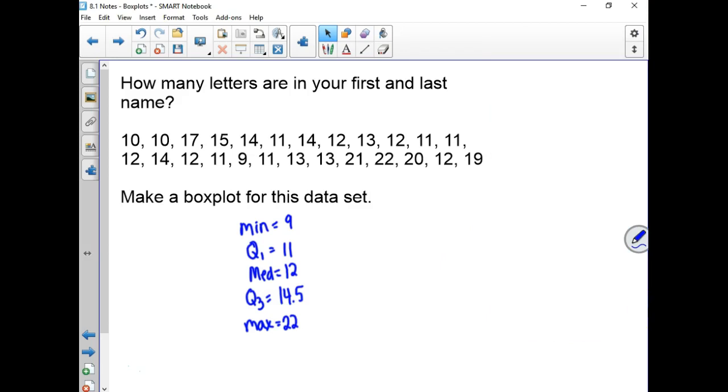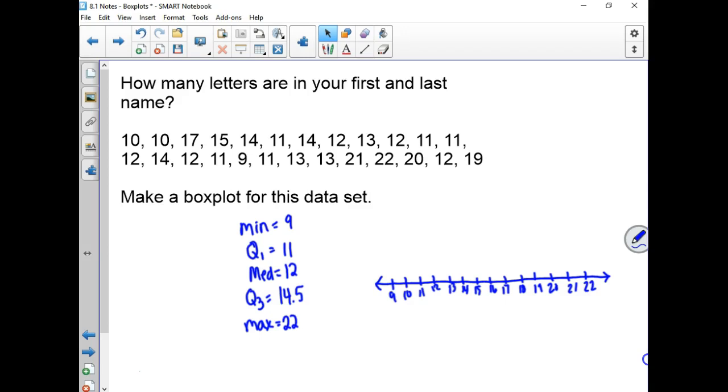So to make a box plot, we first want to have a number line, and on that number line we need to make sure we go at least from 9 up to 22. So we've got 9, 10, 11, 12, 13, 14, 15, 16, 17, 18.